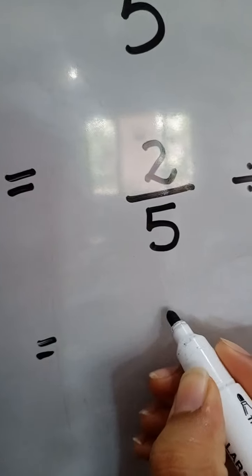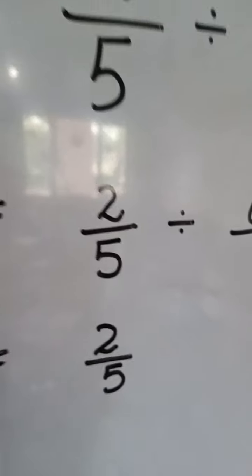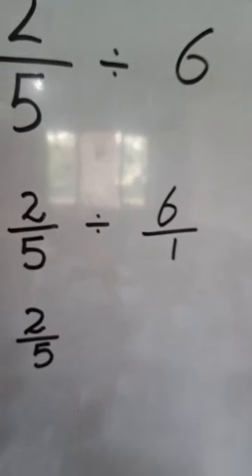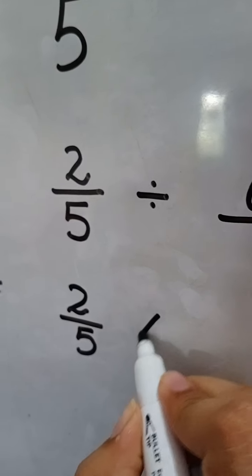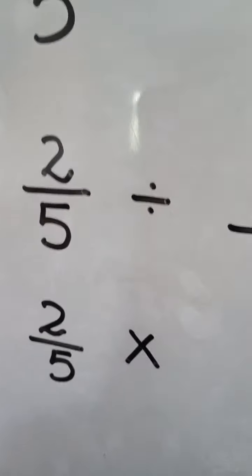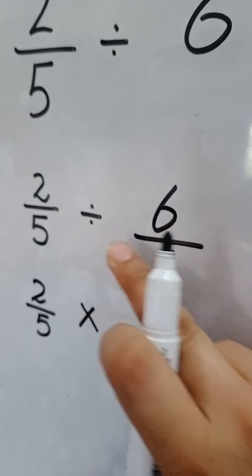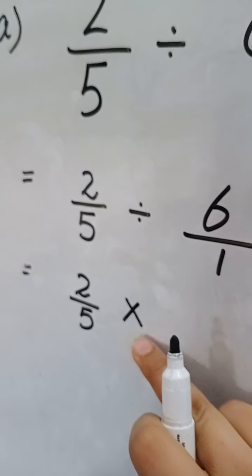What is the way to simplify? 2 by 5. Okay, you must remember, when you have a division sign between fractions, divide will change into multiply. And the number that is written after the division symbol will become its reciprocal.